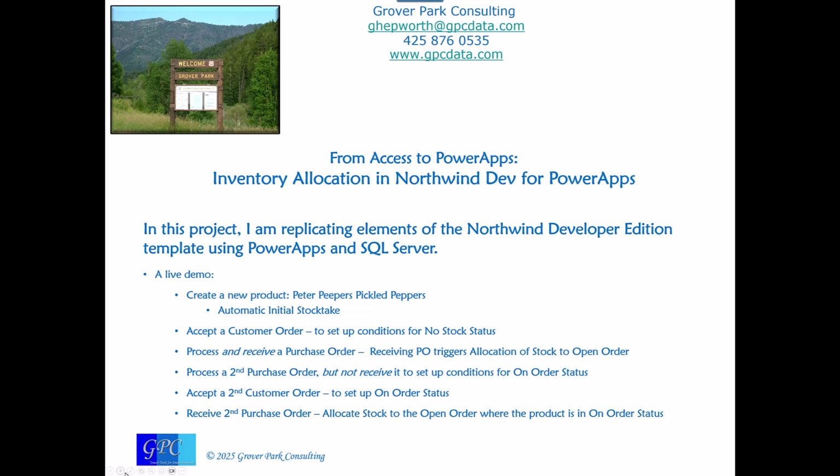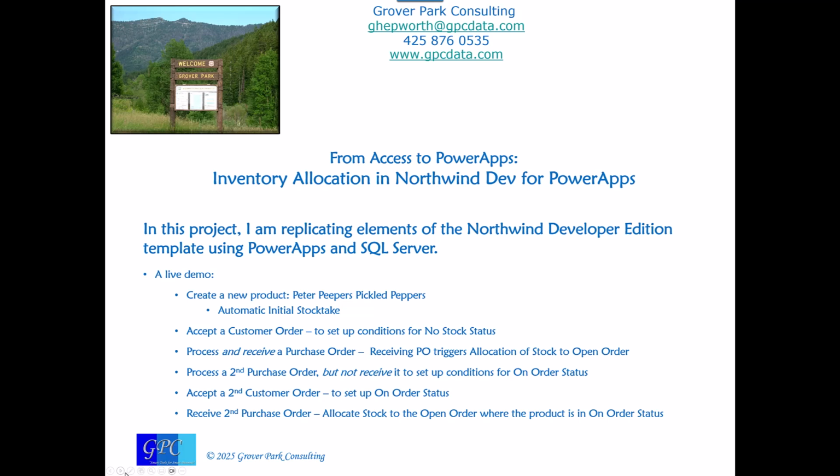Receiving purchase orders triggers allocation of stock to open orders, so our initial customer order will go from no stock to allocated. Then I will process a second purchase order, but not take it to the received status. That will set up conditions for an on order status, which will occur in the next customer order.